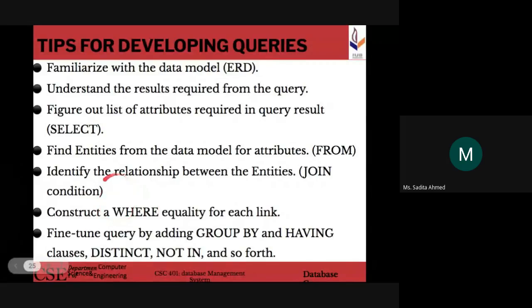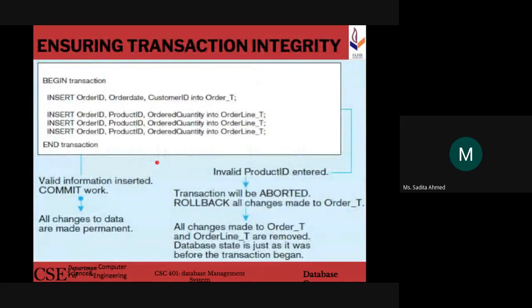That is the relationship we try to explore. And then whether there are any other conditions we need to include in the WHERE clause. Finally, whether there is any need for GROUP BY, HAVING, DISTINCT, NOT IN, and so on. That's how you need to think about it.